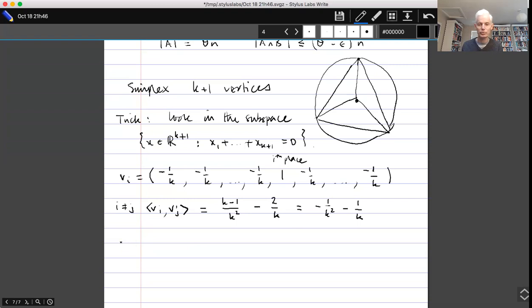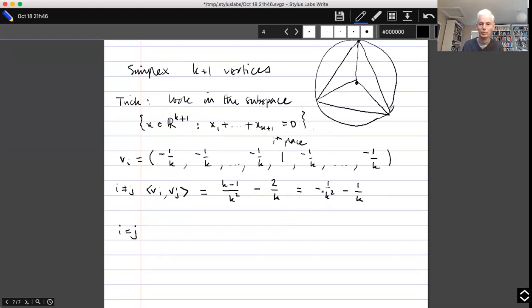And if i does equal j, so now I'm going to think about how to normalize these vectors, because that's not quite the number we were looking for. We were looking for the number minus 1 over k. But that's because these vi's aren't unit vectors. So the norm of vi squared is k over k squared plus 1 equals 1 plus 1 over k.